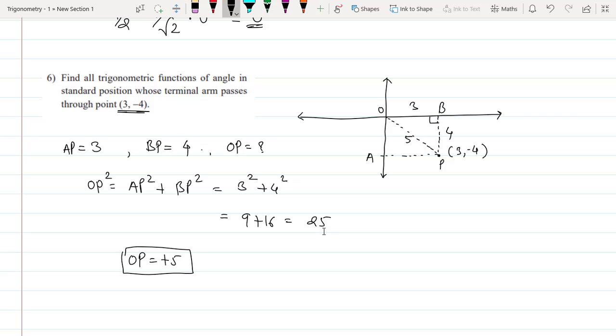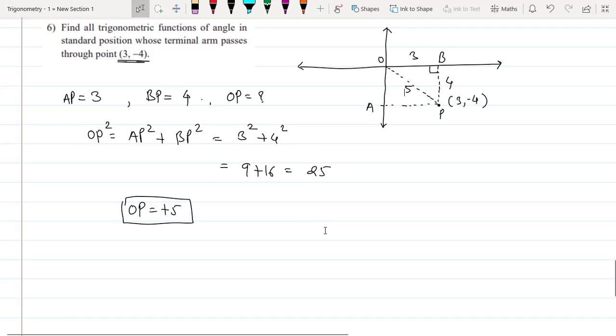Is this okay? Yes. Okay, great. Now see here, let's find out the trigonometric functions. Let's consider this angle as theta in the triangle OBP.